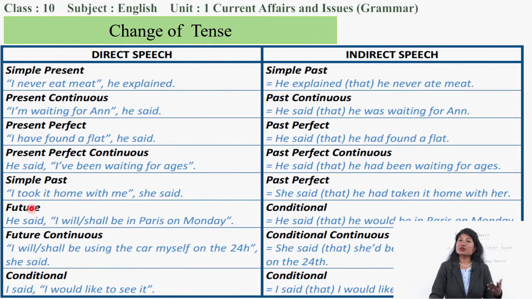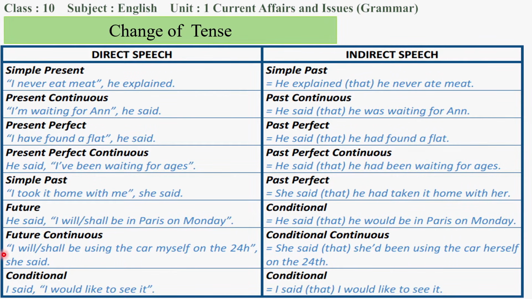What about future tense then? Simple future. He said, "I shall be in Paris on Monday." Shall and will change into would or should. So the sentence becomes like a conditional. He said that he would be in Paris on Monday.